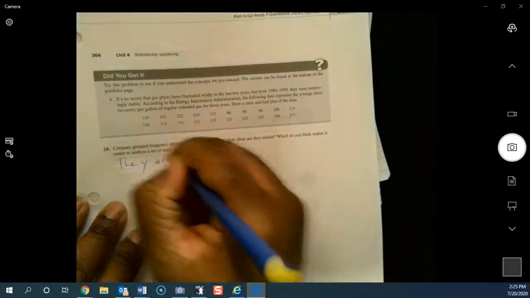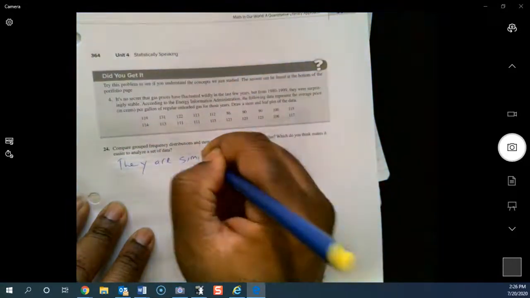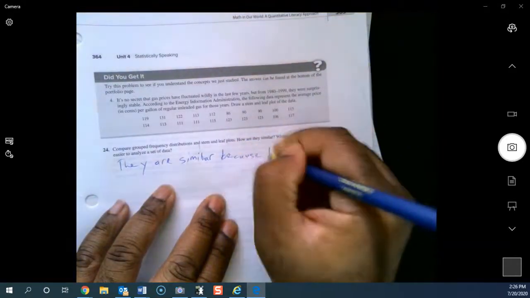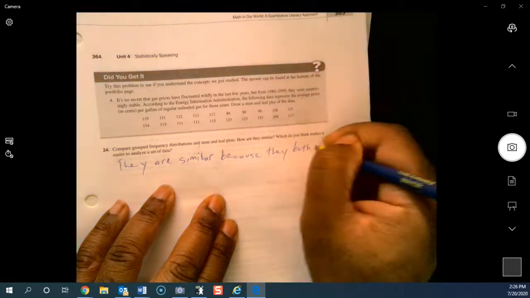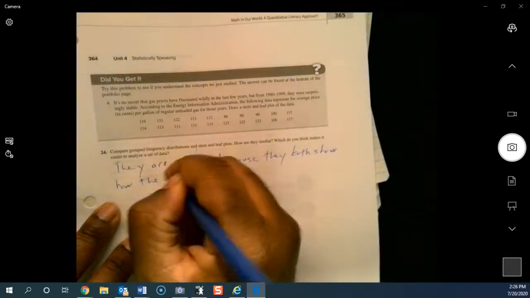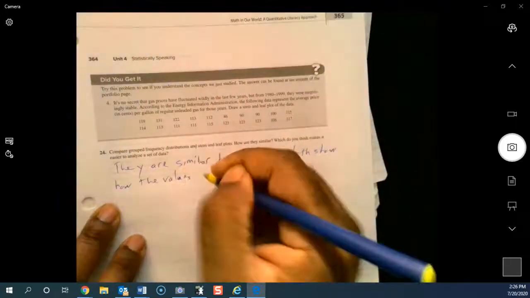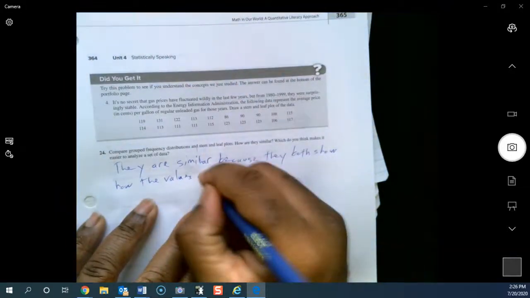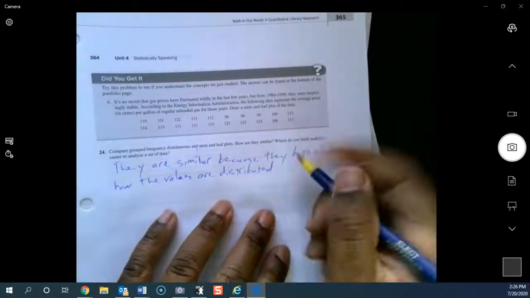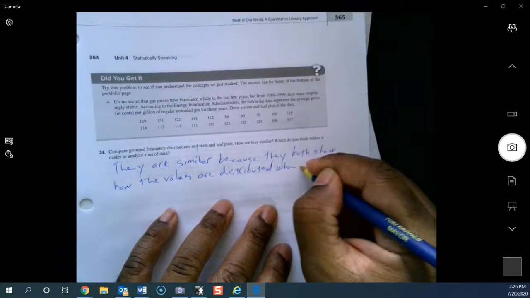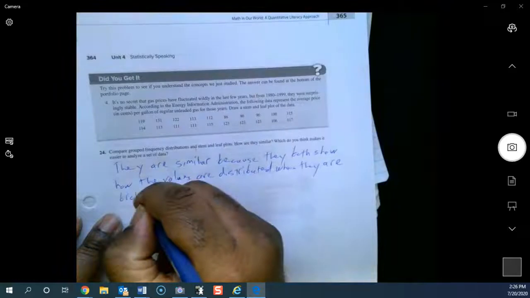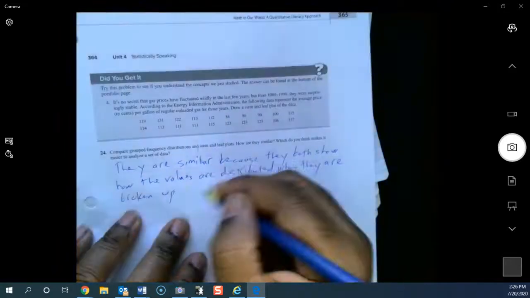They are similar because they both show how the values are distributed when they are broken up into categories.